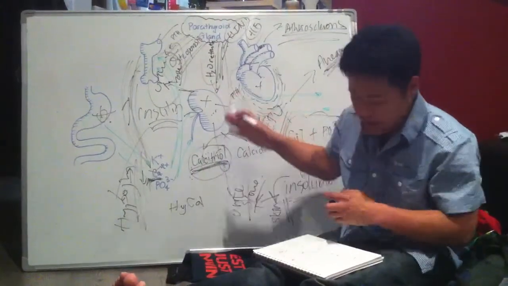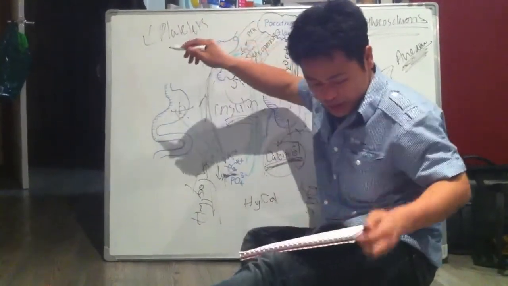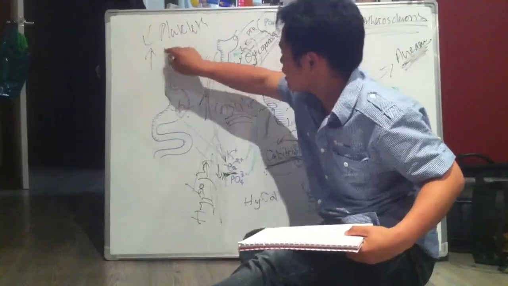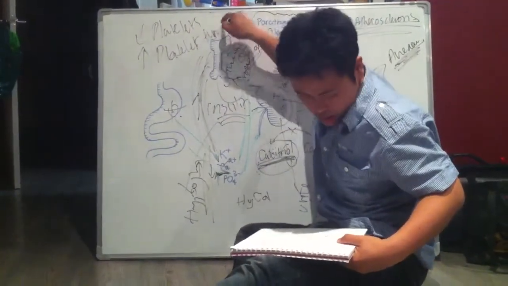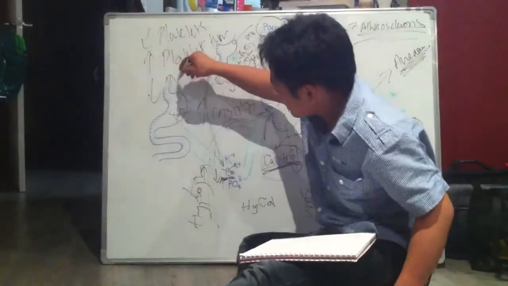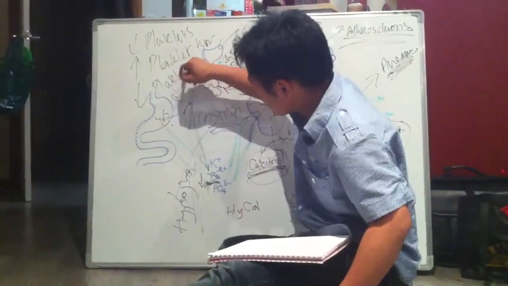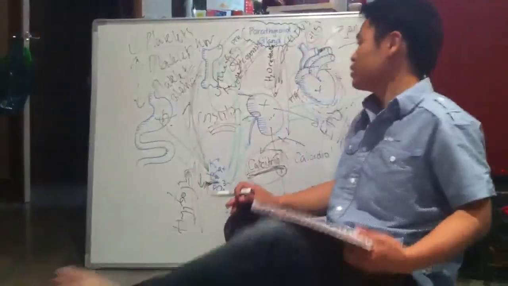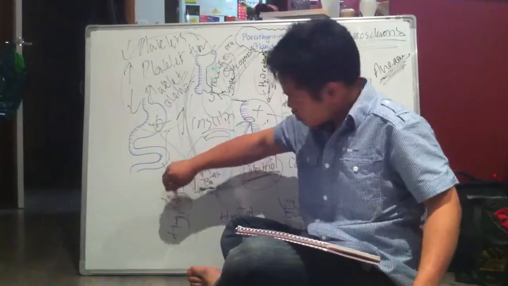This uremic toxin decreases platelet counts, increases platelet turnover, and decreases platelet adhesion. So they don't stick together as well and don't produce clots as well. So what do you get? You get bleeding risk.